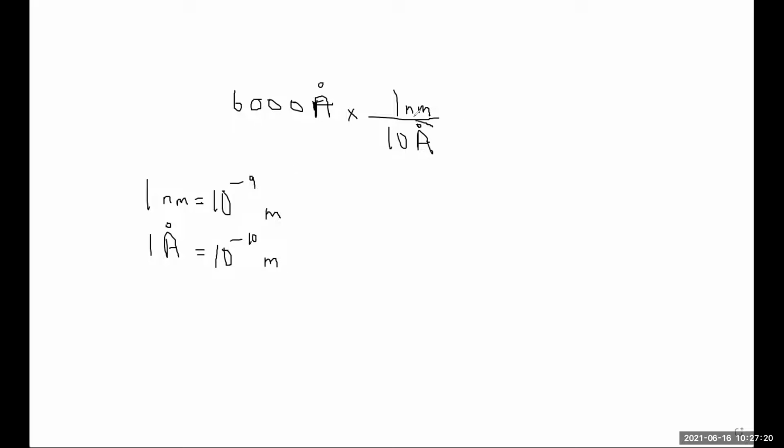So it takes 10 angstroms to fit into 1 nanometer. So then that's going to give you 600 nanometers. So you just basically take the decimal one place to the left, and that's how you convert from angstrom to nanometer. If you wanted to go the opposite direction, you multiply the nanometer by 10 to get back to the angstrom. That's it.